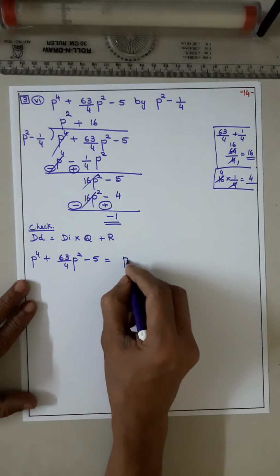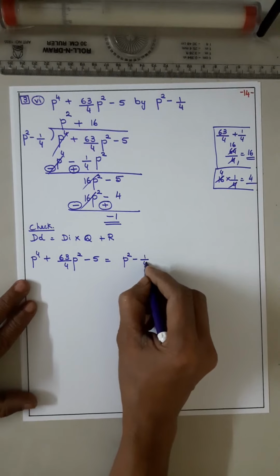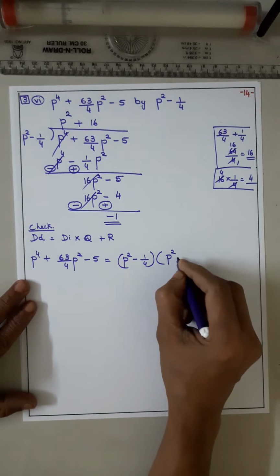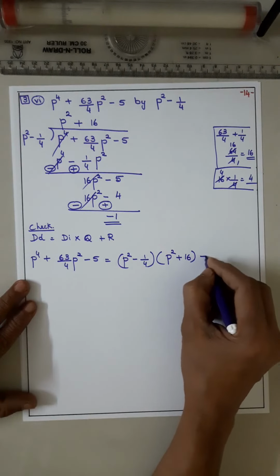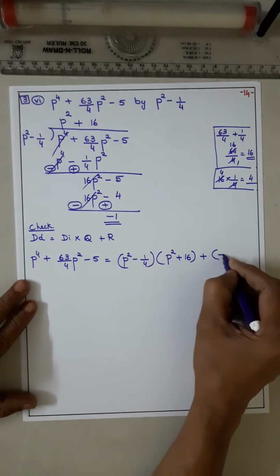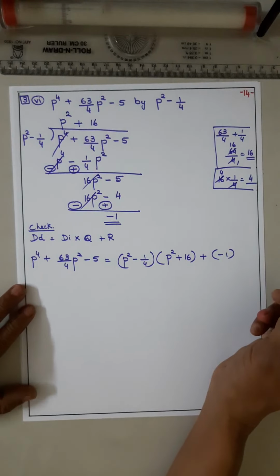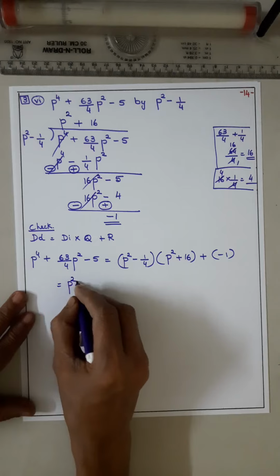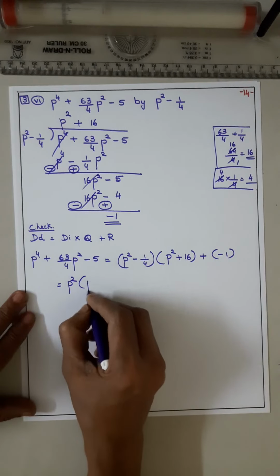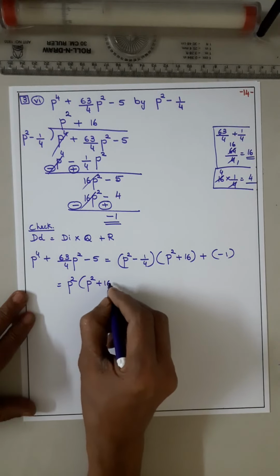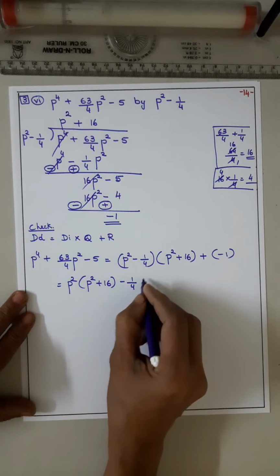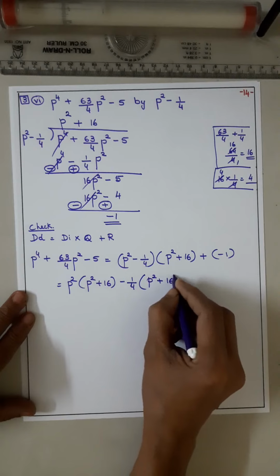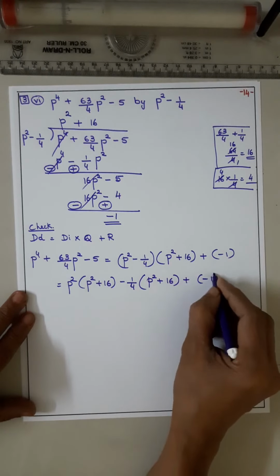Divisor is p squared minus 1 by 4 and the quotient is p squared plus 16, plus remainder is minus 1. Okay, now multiply. It is p squared multiplied by p squared plus 16, minus 1 by 4 p squared plus 16, plus minus 1.